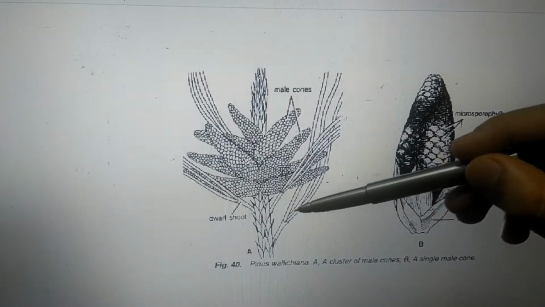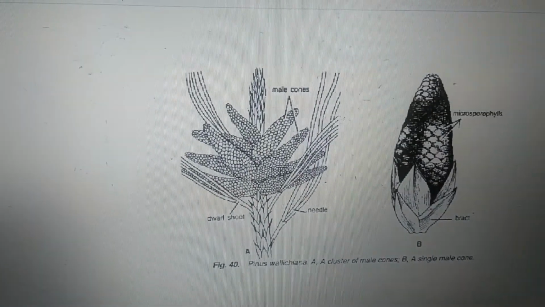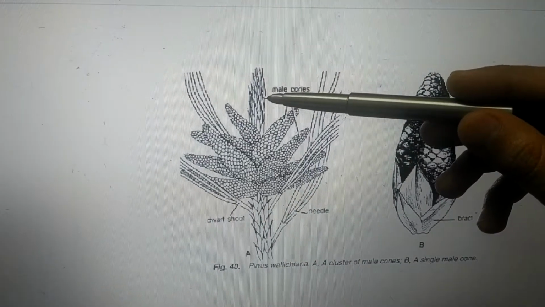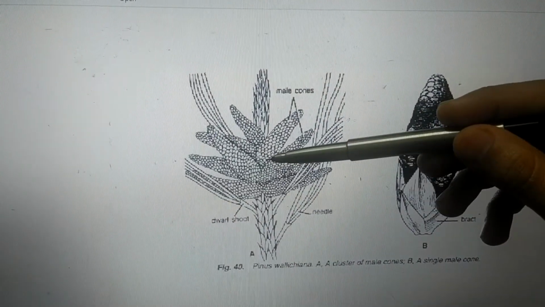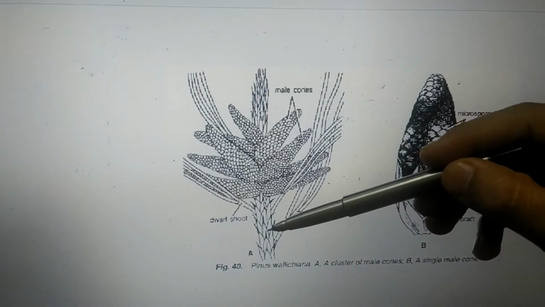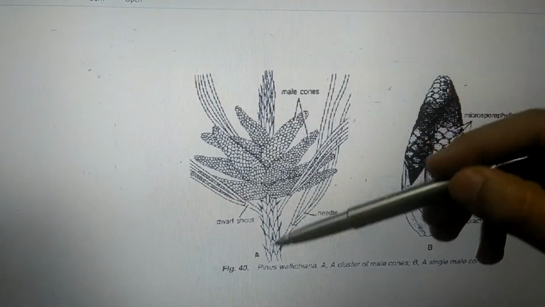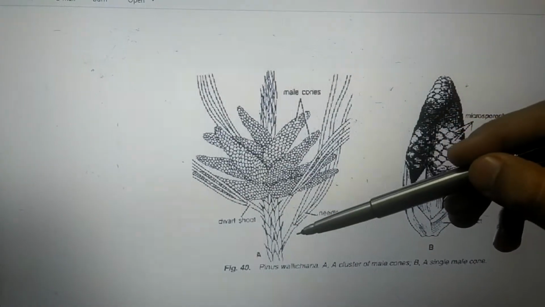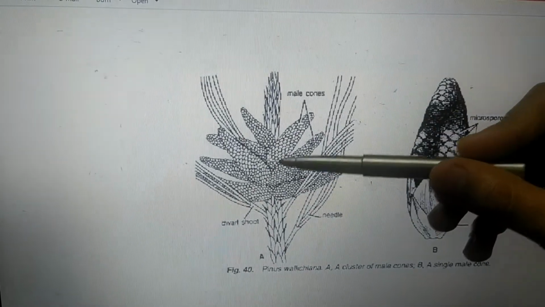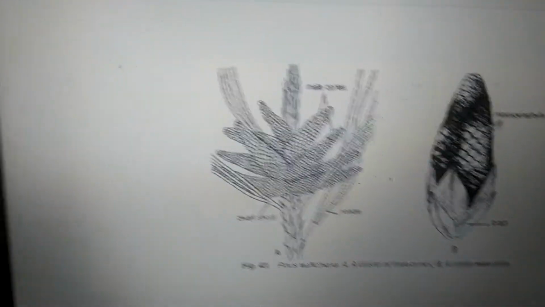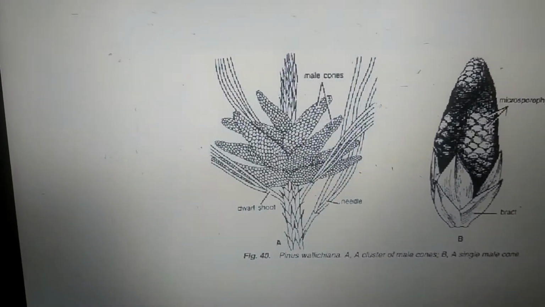This dwarf shoot bears the green needle foliage leaves. Apart from the presence of the male cone on the long shoot, we have these scaly leaves. So scaly leaves are present on the long shoot as well as on the dwarf shoot. Now where exactly these male cones are formed on the long shoot is in the axil of the scaly leaves.